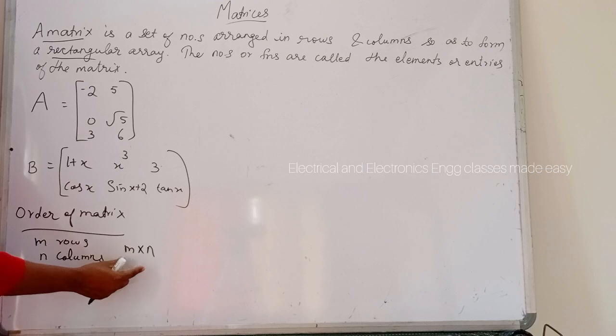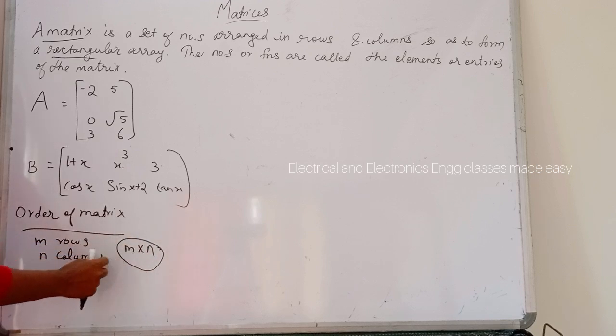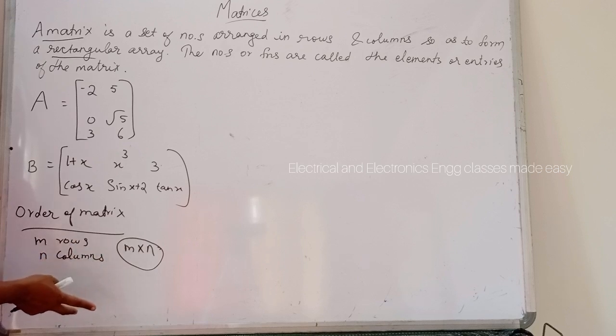So this is the order of the matrix. Order of matrix means number of rows by number of columns. So m is the number of rows and n is the number of columns.